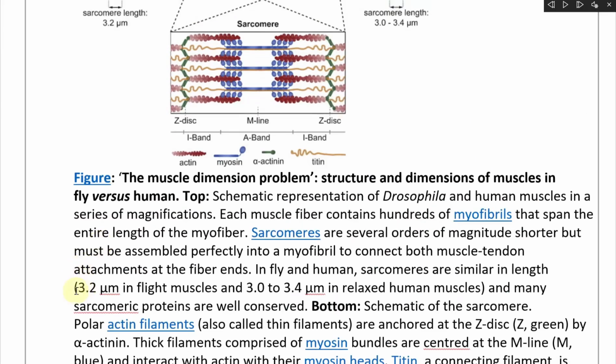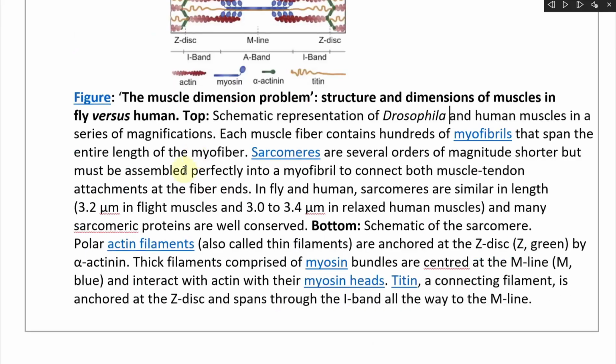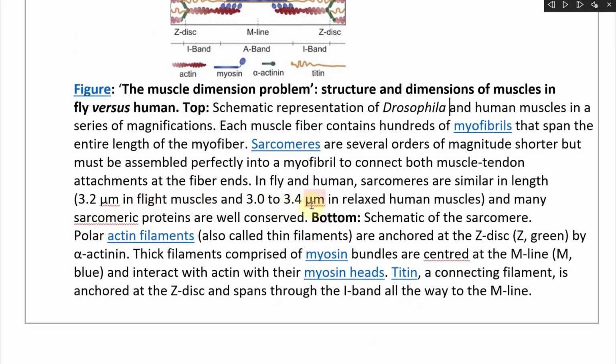So they are similar, but the fly is very tiny, so its flight muscles are relatively giant compared to the human. Many sarcomere proteins are well conserved, so both will have similar proteins.